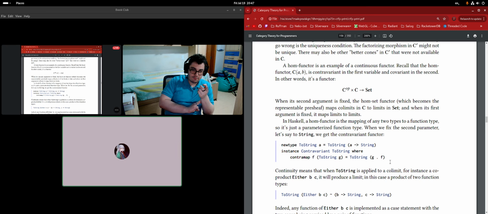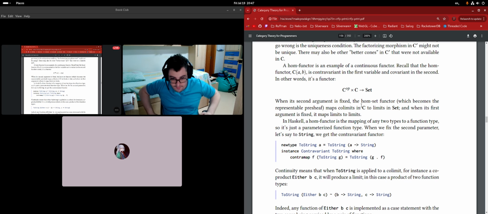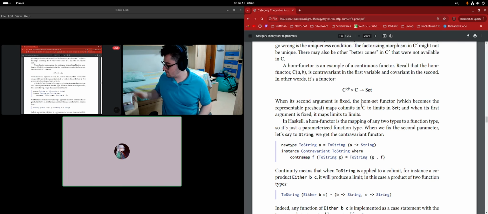The home functor is contravariant in the first variable and covariant in the second. Right, because it actually takes two arguments, I suppose you could call them.